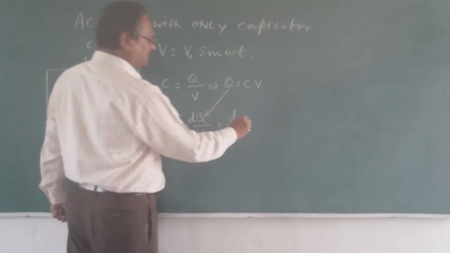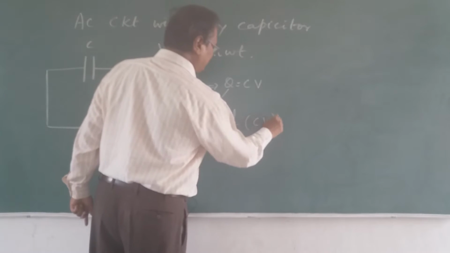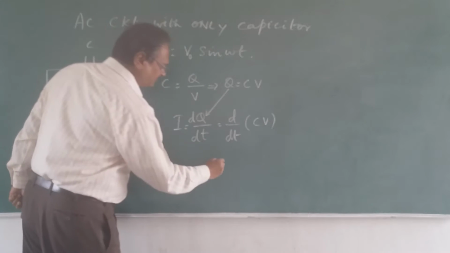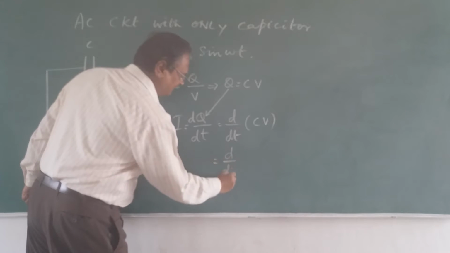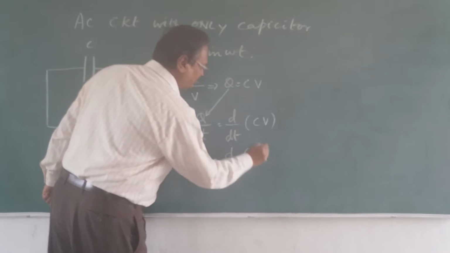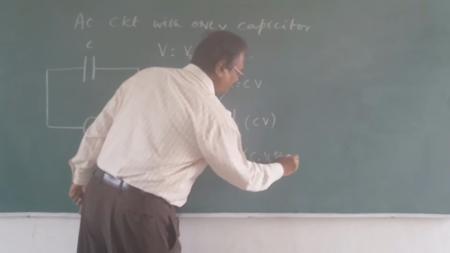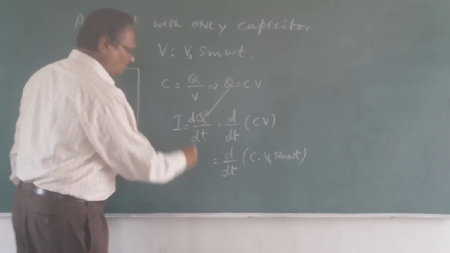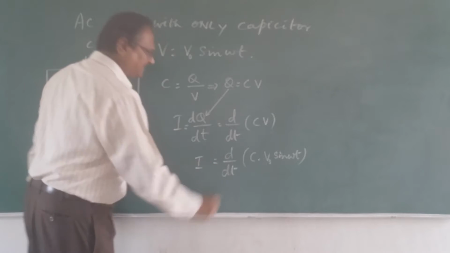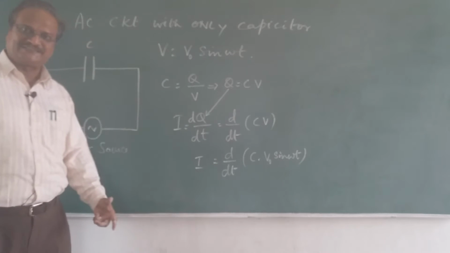Q is C into V. So that is equal to d by dt of C into V0 sine omega t. So we are finding an equation for current.